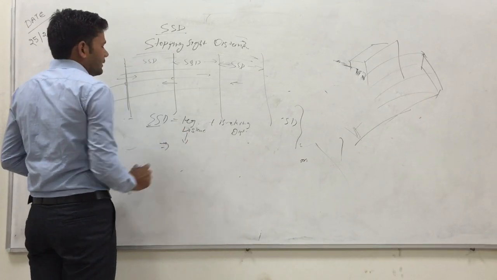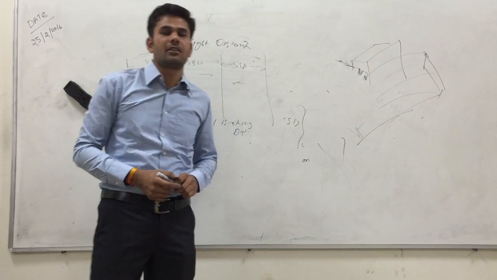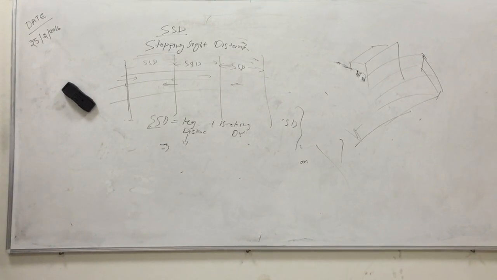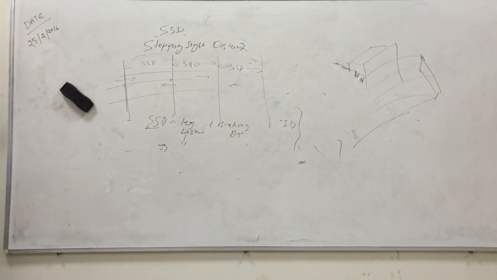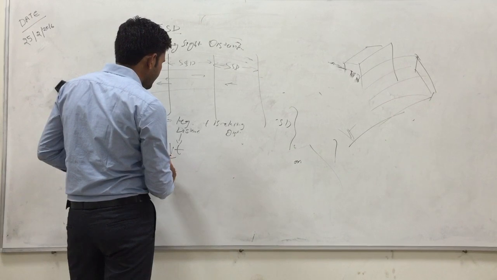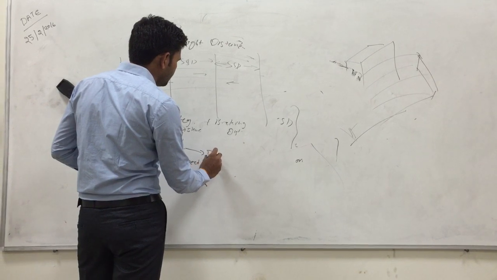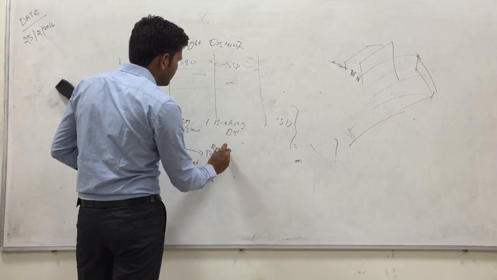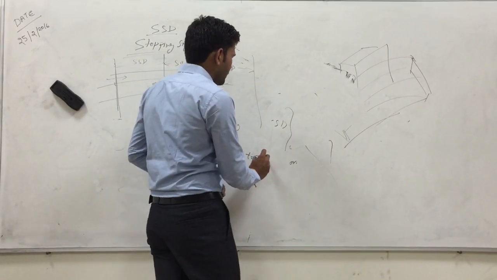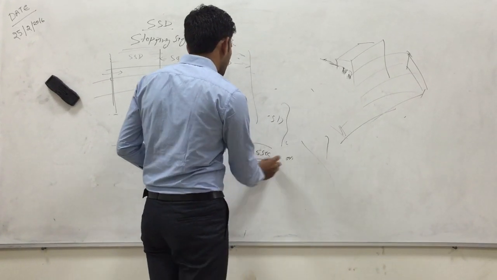The lag distance is the distance required at the time of reaction of the driver to see any obstruction, or we can say the distance traveled during the reaction time of the driver, which is equal to V into T. V is the design speed and T is the reaction time. So as per IRC, we will take T equal to 2.5 seconds. Please remember this.